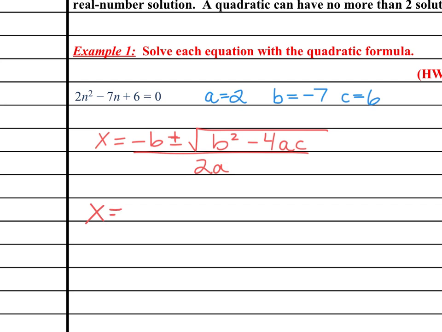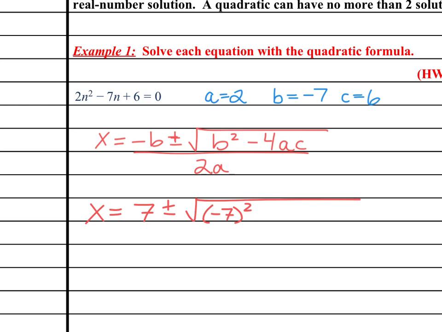X equals, okay, negative b stands for opposite of b. So if it's negative 7, what should we put? Positive 7. Positive 7 plus or minus the square root of b squared. You have to put this in parentheses. Negative 7 squared.